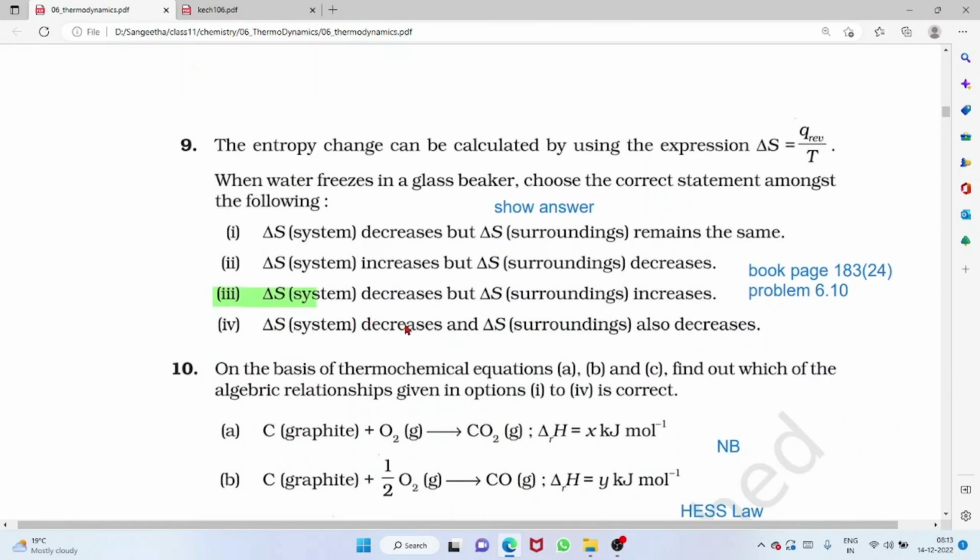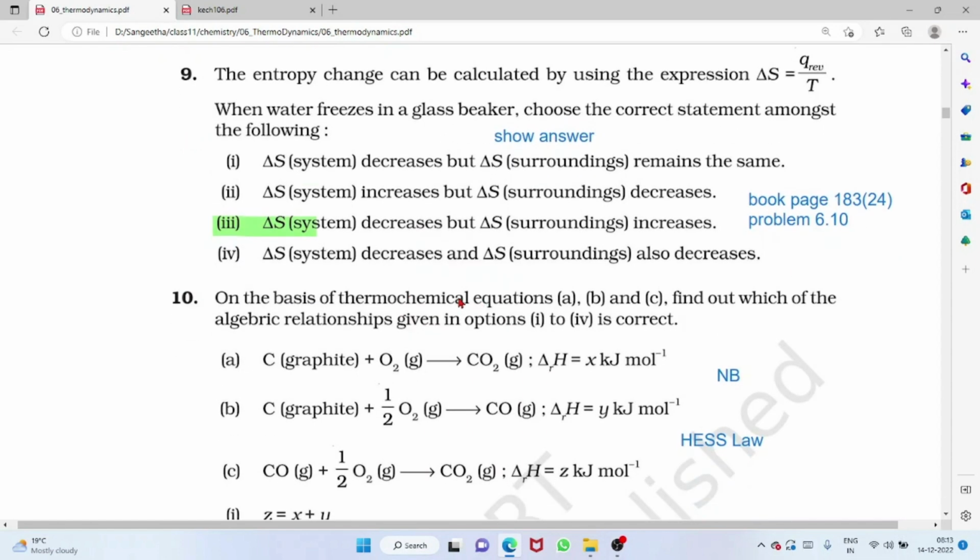The entropy change can be calculated by using delta S equals Q reversible by T. When water freezes in a glass beaker, choose the correct statement amongst the following.